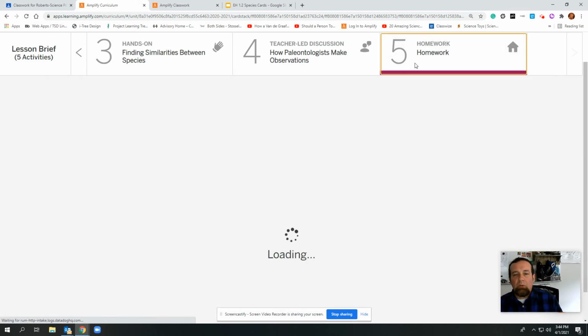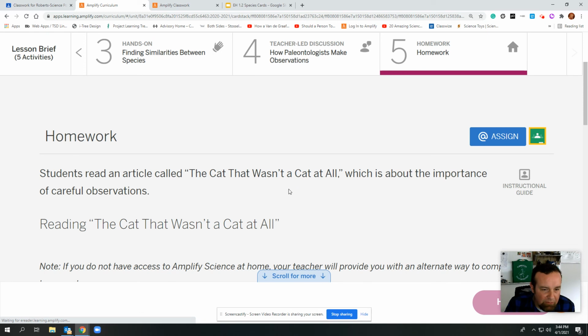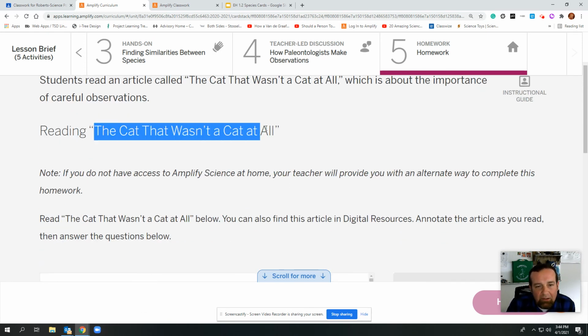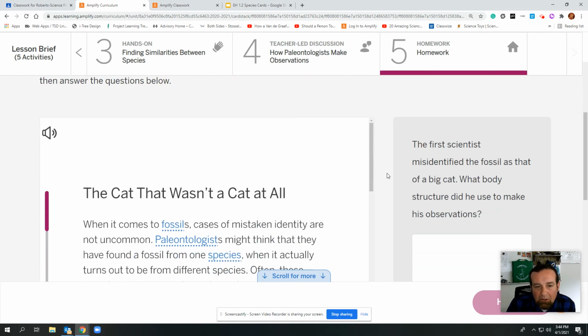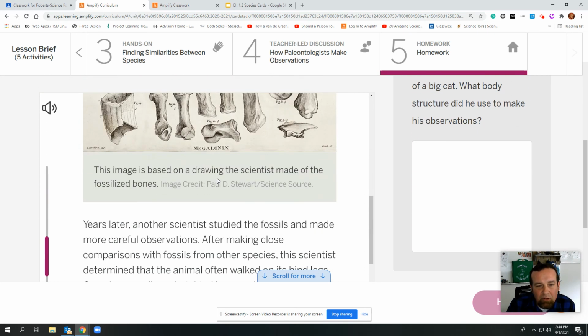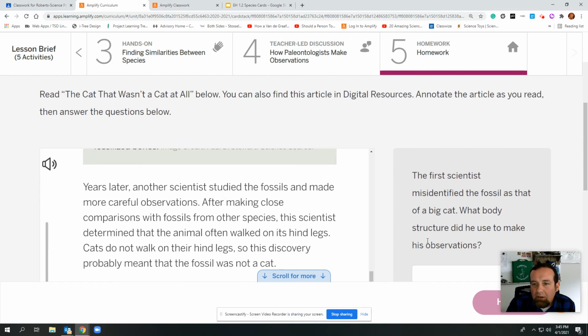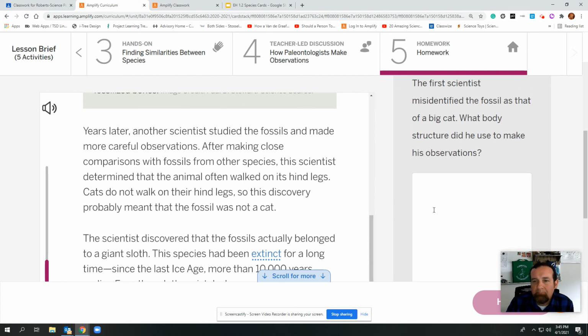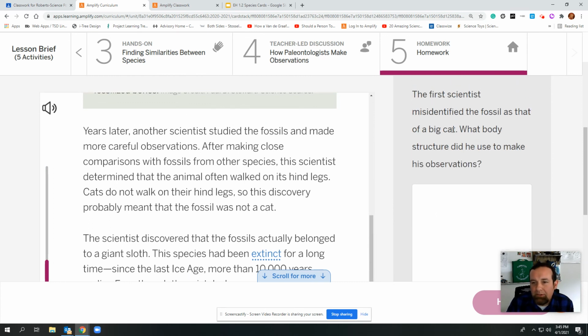Okay, last but not least for this lesson, friends, we are going to be reading this article, The Cat That Wasn't a Cat at All. So please read through this article, do a nice, slow, careful, close read, and then you're going to answer these two questions on the right here. The first scientist misidentified the fossil as a big cat.